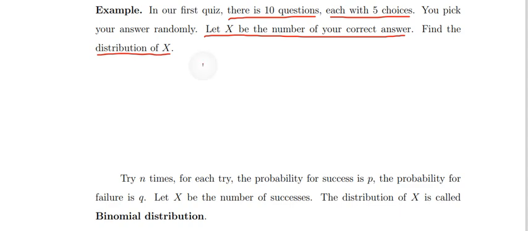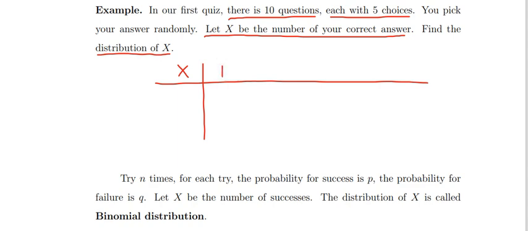So here the table is too big, right? x can be 10, which is the best case, where you answer them all correctly. So x can be 10, 9, 8, and so on down to 3, 2, 1, and 0.